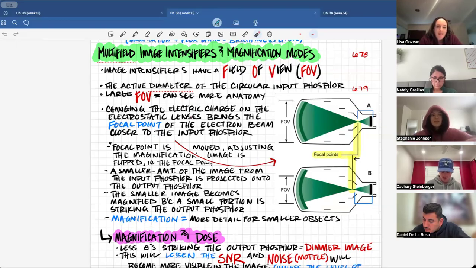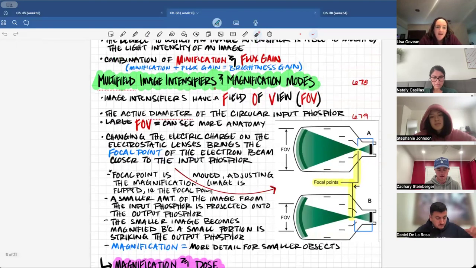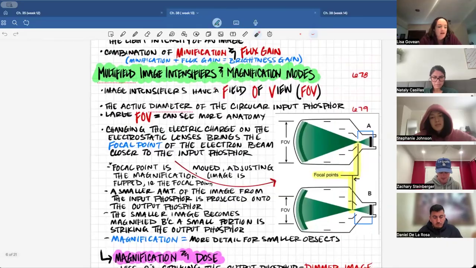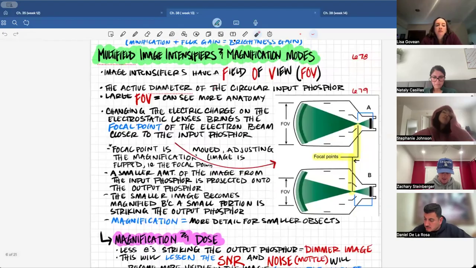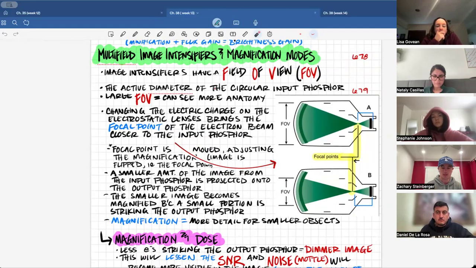So in the bottom of 38.8, that diagram explains it. It made sense to me in my brain, but in magnification mode, B, the bottom one, the active field of view at the input phosphor, which is on the left, is reduced in size by pulling the point of the electron beam closer to the input phosphor.